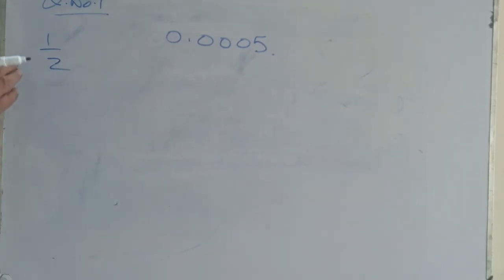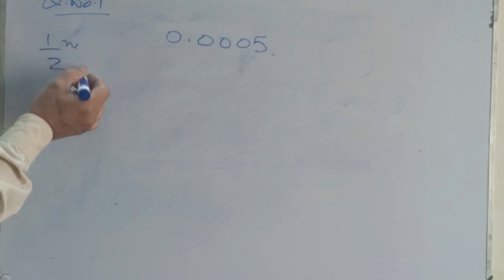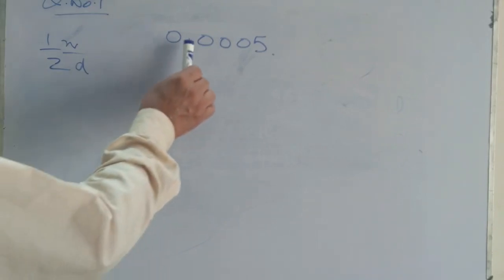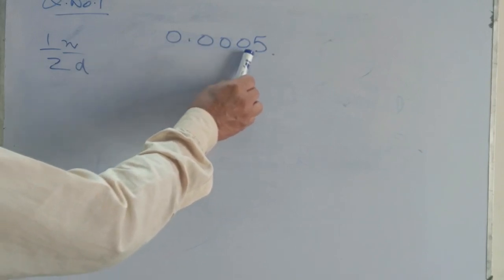This fraction is written by one numerator and one denominator, separated with a horizontal line. This is the format which is written in the decimal fraction. So it is written 0.0005. Now what will we do?